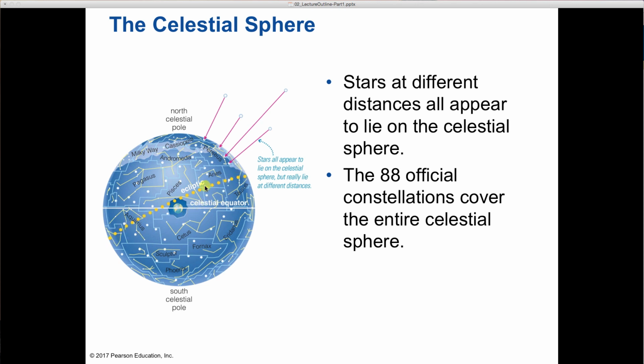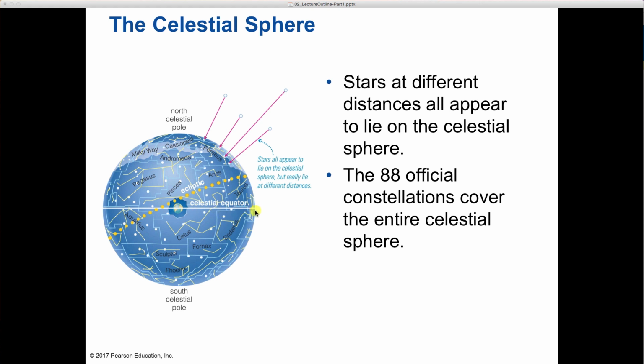The constellations that the sun goes through are called the zodiac, and this line has another name: the ecliptic. The line that the sun appears to follow across the sky relative to the other stars is called the ecliptic, and the line directly above our equator is called the celestial equator.